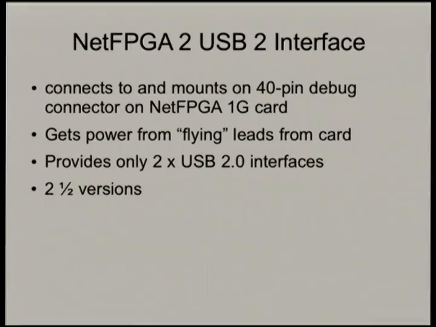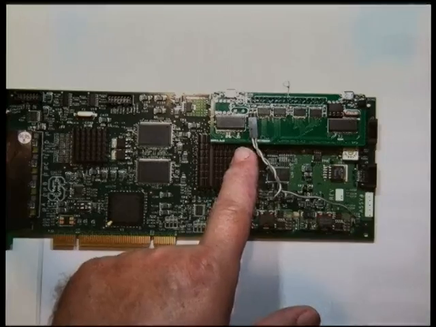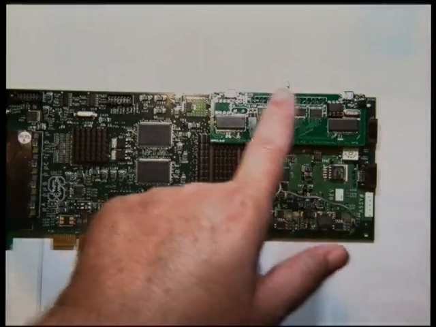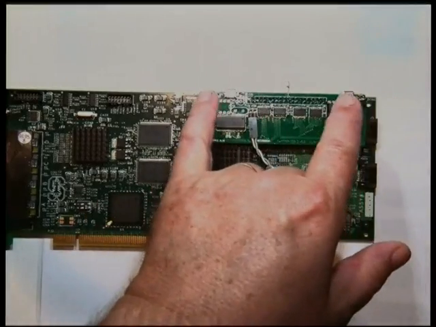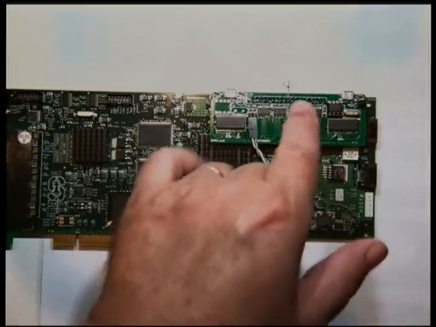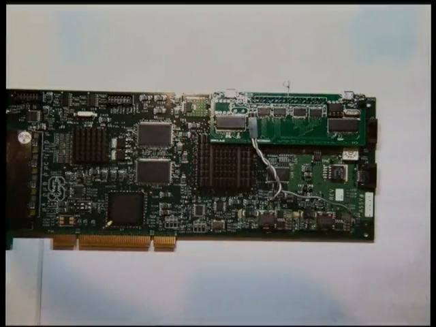Okay, so this little interface board, which I very briefly showed you, is what this talk's actually about. It's just sitting on the debug connector. It's got 2 micro USB connectors, and then it's got these 2 Cypress Easy USB chips on it now.